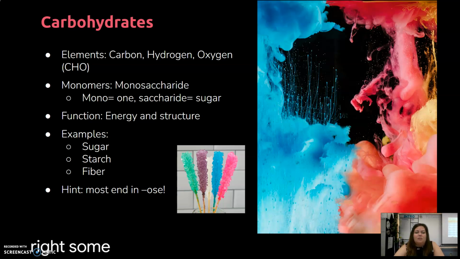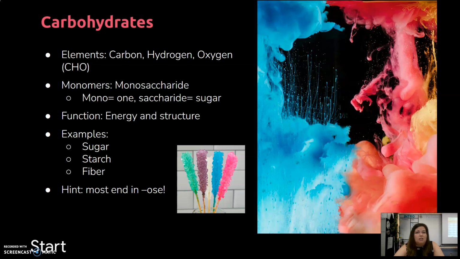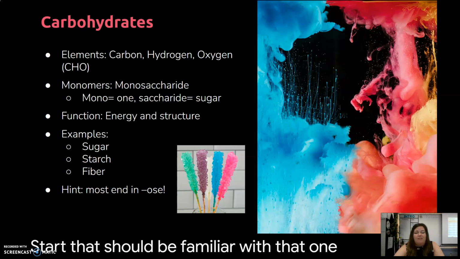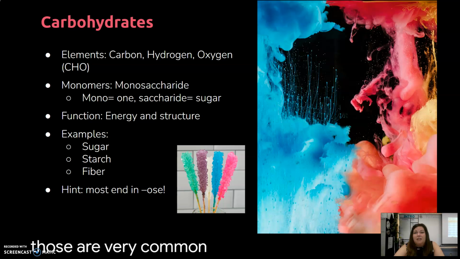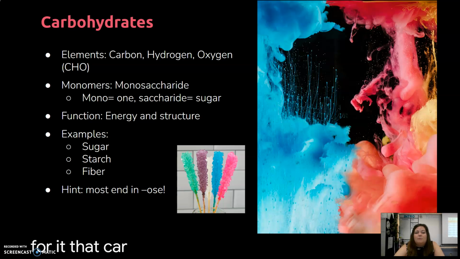All right, some examples: sugar, so regular table sugar, starch, you guys should be familiar with that one, and fiber. All of those are very common examples of carbohydrates. It is important to note, so make sure you write it down somewhere, that carbs typically end in OSE.